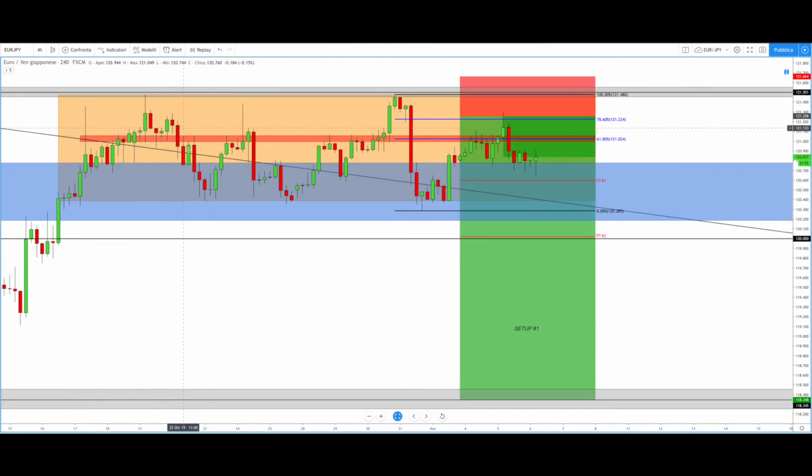But looking at this analysis, we can see that the price in the last weeks has reached this area, but we can see that the price here failed to go higher and break this bearish trend line.